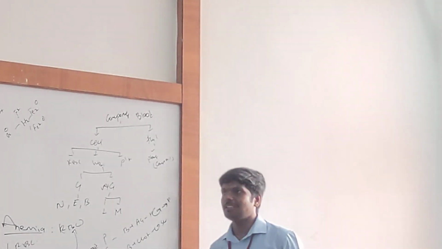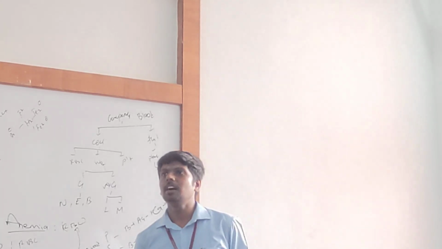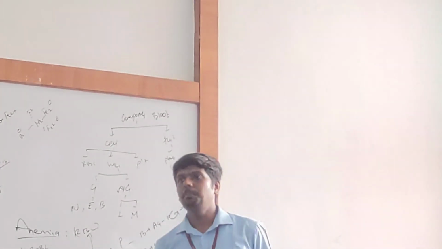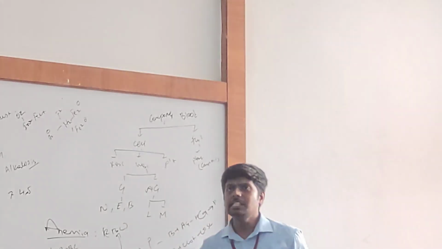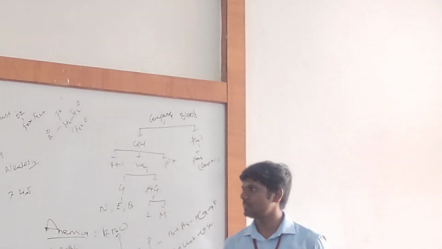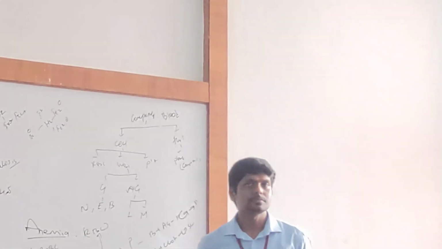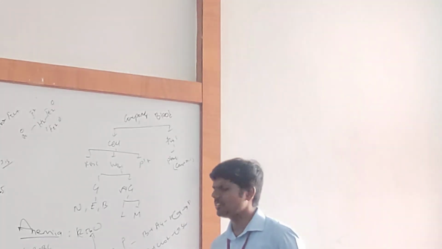ACD and CPD are some of the common anticoagulants used in the blood bank. Okay? ACD and CPD. Acid citrate dextrose, citrate phosphate dextrose. That we will see later.